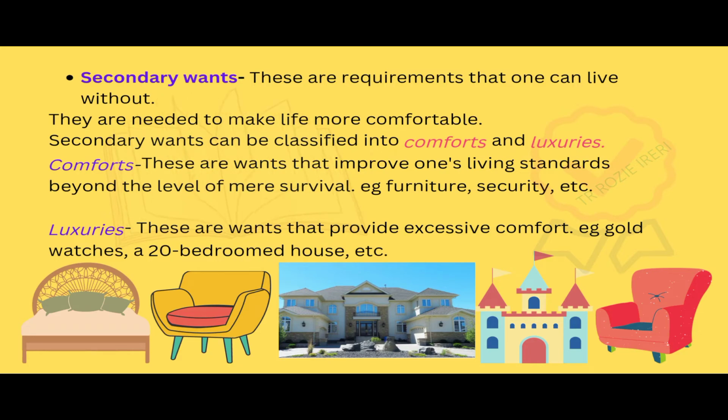You need a shelter, but a 20-bedroom house, that is a luxury. A castle, that's a luxury. You just need a shelter, but not that exaggerated. So those are the two classes of secondary wants, the comforts and luxuries. They just make your life more and more comfortable.